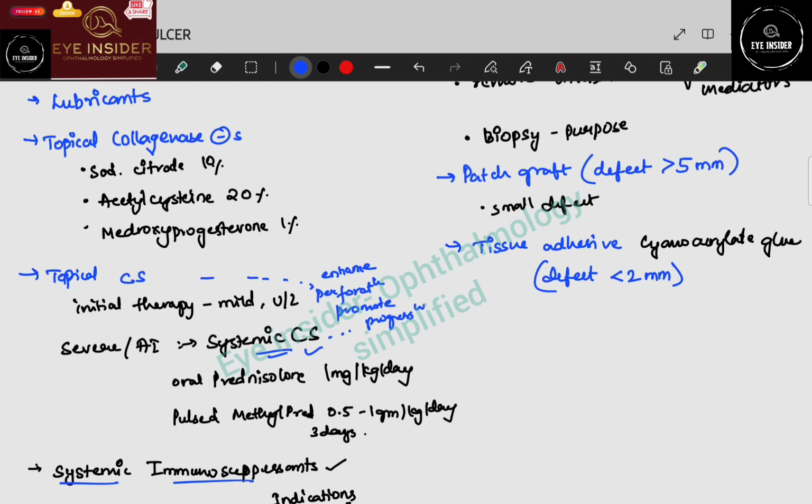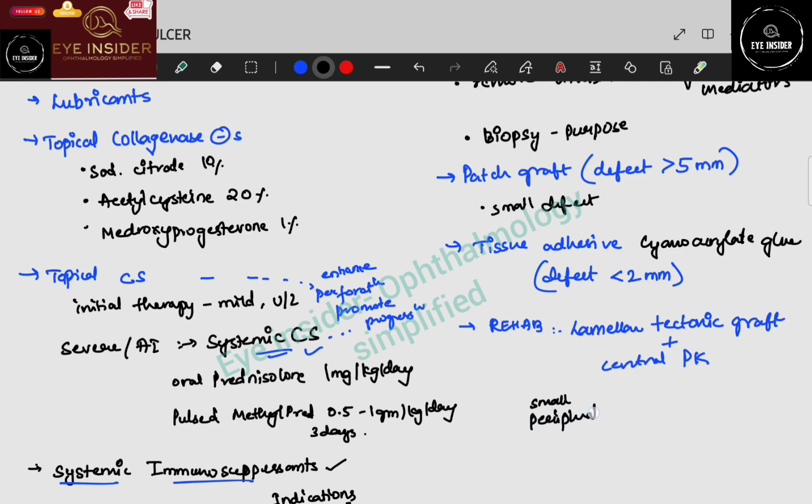And in the rehabilitation, we have to perform lamellar tectonic graft with or without a central penetrating keratoplasty. So the tectonic graft is the one which is given to support the cornea. Okay. So in case of small peripheral ulcer, we can take a crescent-shaped lamellar graft.